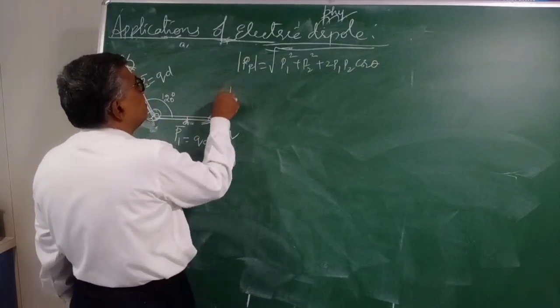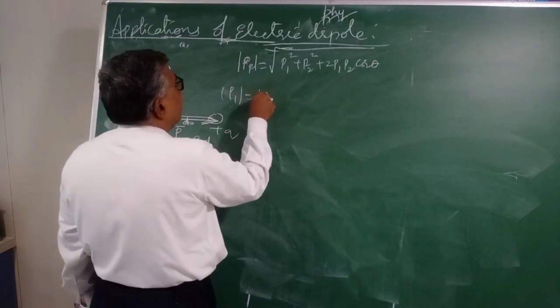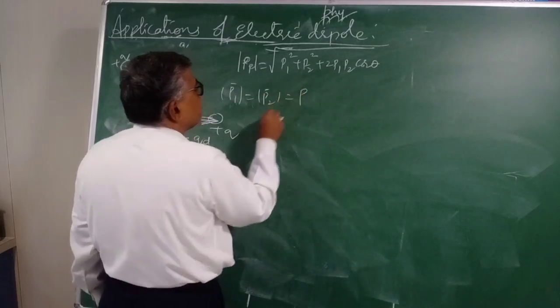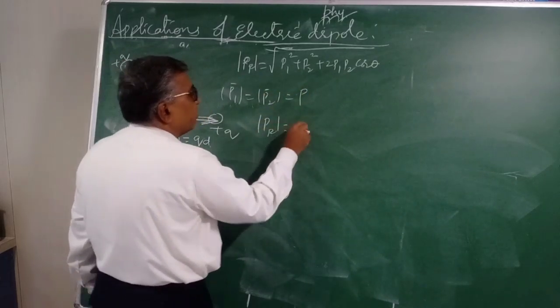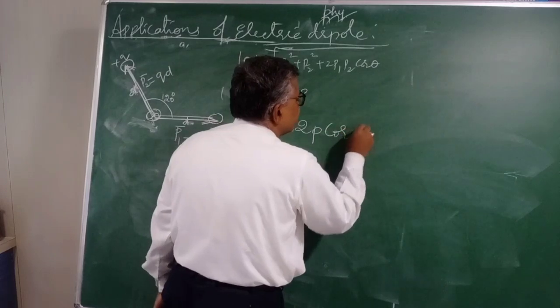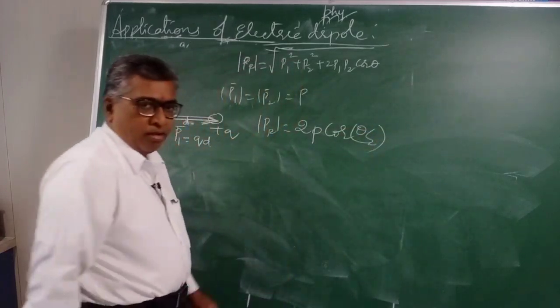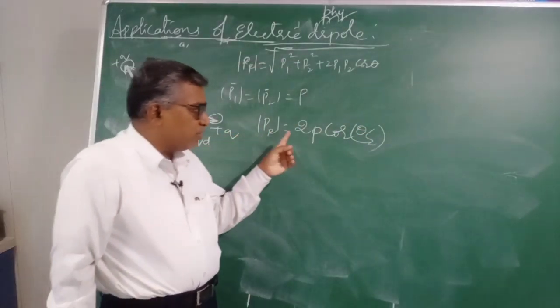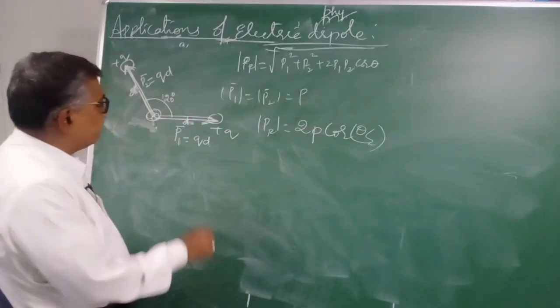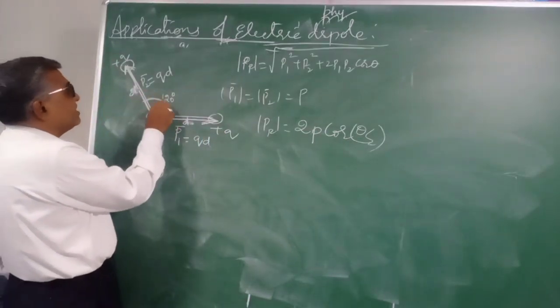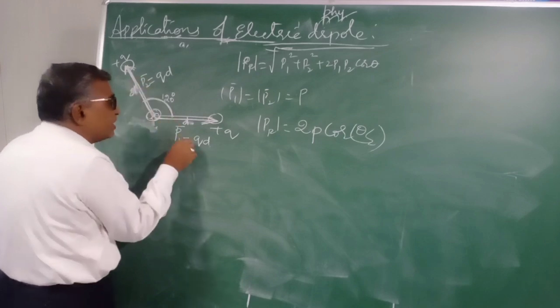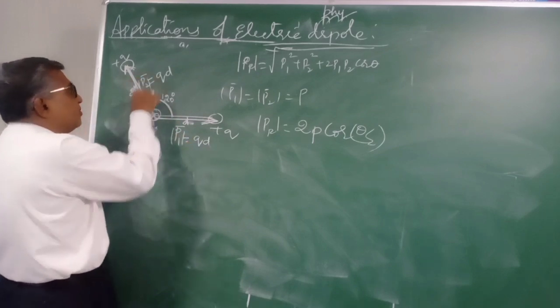Since the magnitudes are equal, mod P1 is equal to mod P2 is P, then the resultant magnitude is 2P cos theta by 2. Theta is the angle between them. Angle is 120 degrees. Both having same magnitude, QA and QD.